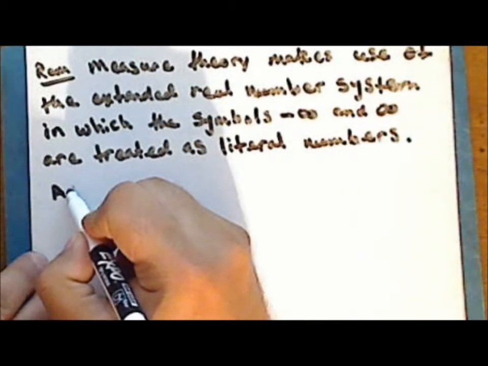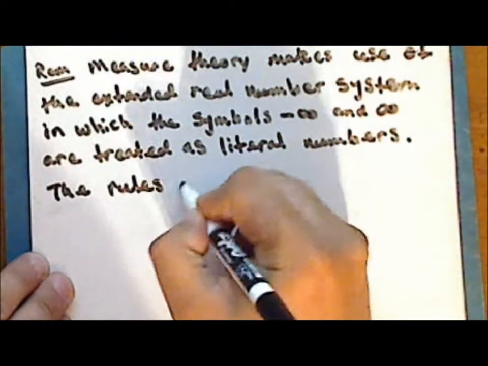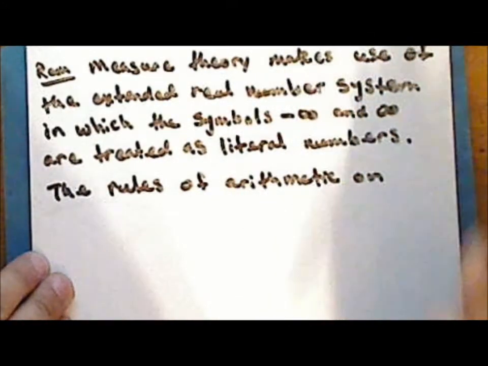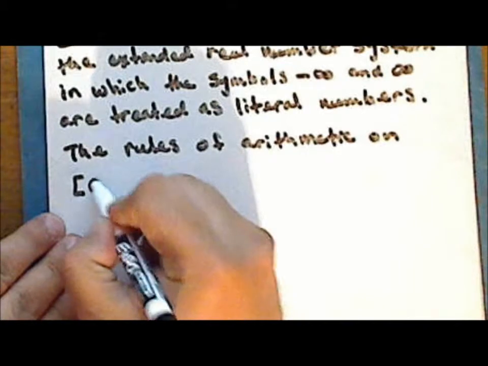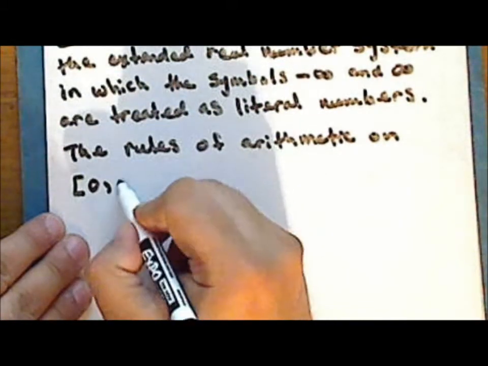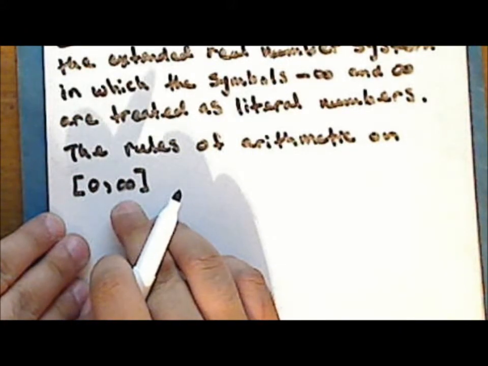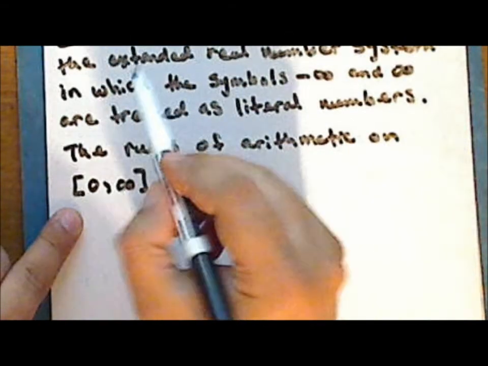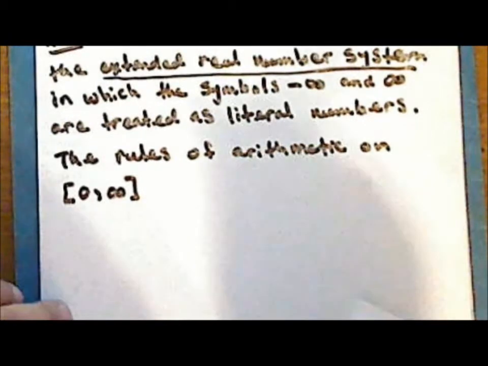So we need to look at the rules of arithmetic on the non-negative subset of the extended real number system, and that is the set from 0 to positive infinity inclusive. Again, we are considering the symbol infinity as a literal number, and so when you see a closed bracket, it is implied that we're working within the extended real number system.